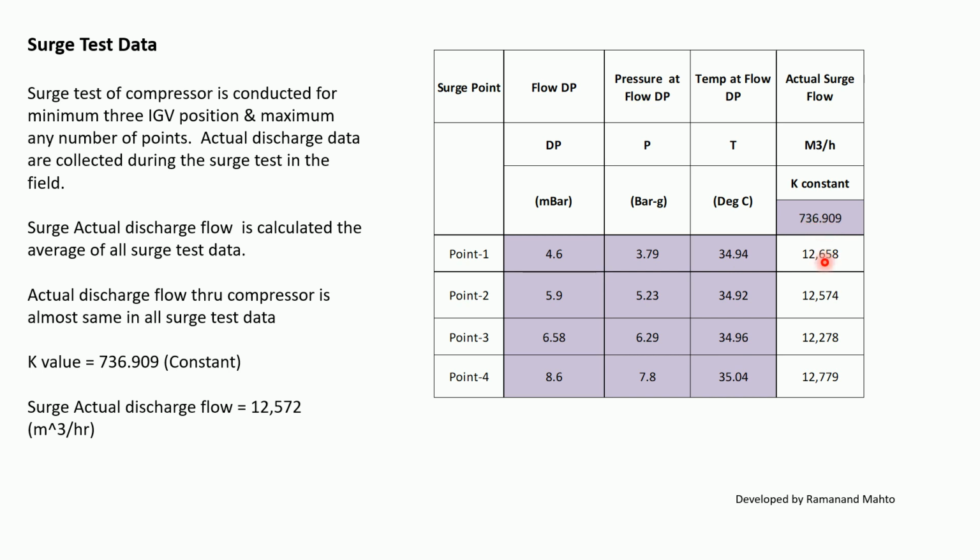After putting this K value in calculating the actual discharge flow, point number 1 comes to 12,658, point number 2 is 12,572, point number 3 is 12,278, and point number 4 is 12,779. So in all the surge tests, the actual discharge flow is coming almost the same. Taking the average of all 4 points, it comes to 12,572.